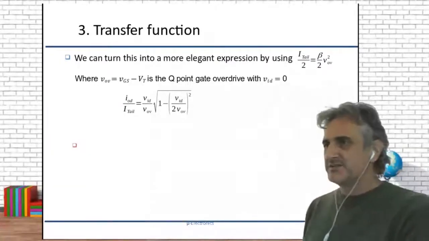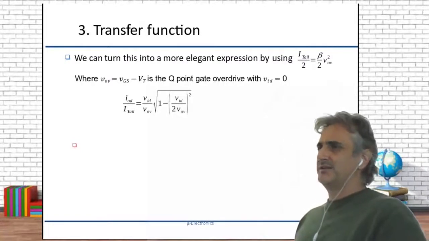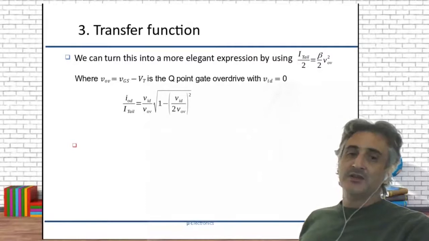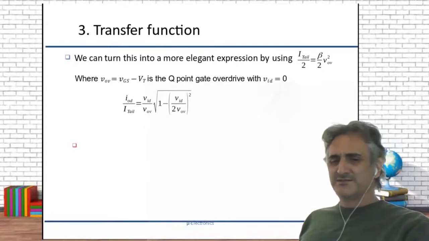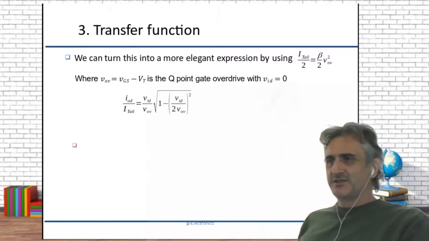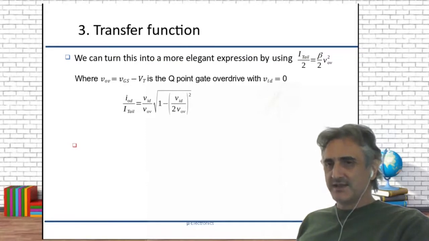Okay, anyway, this expression is not elegant. Okay, and here we want to be as elegant as possible. Not just for the sake of elegance itself, but because an elegant expression is always much more easy to understand and gives you some nice insights on how the system is working.